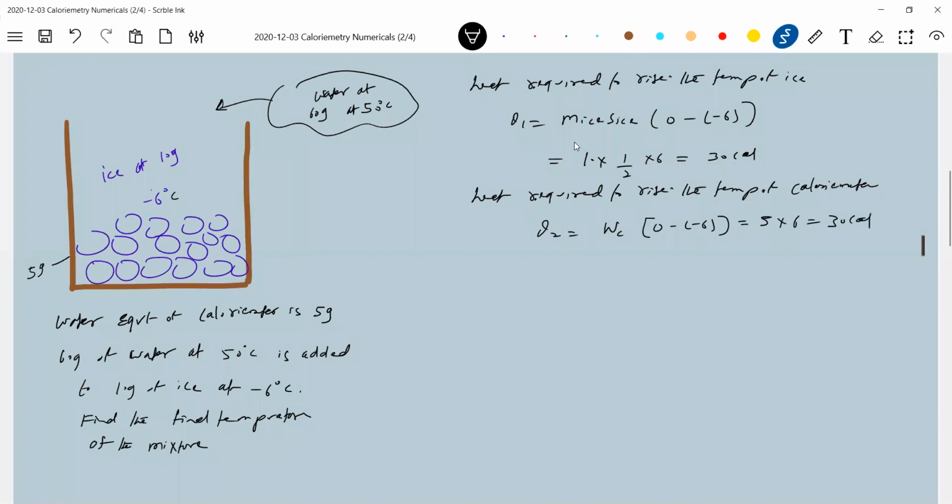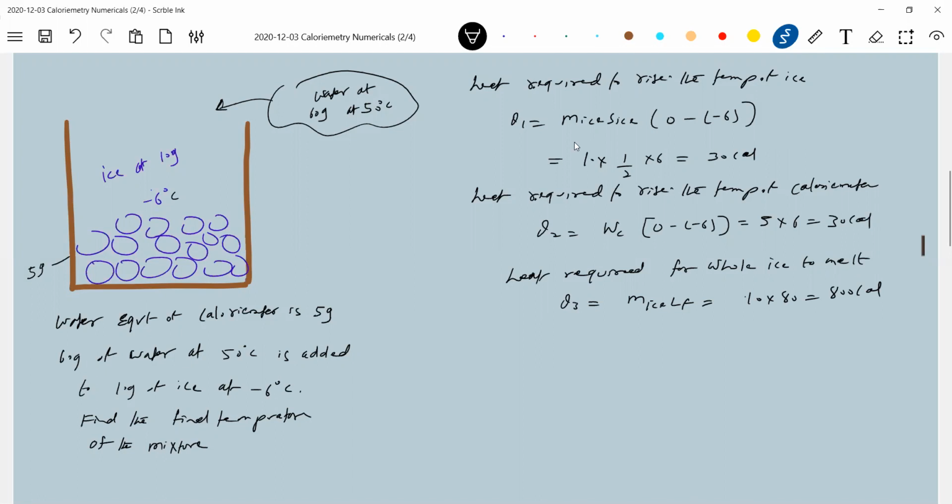Heat required for all the ice to melt, Q3 should be equal to mass of ice into latent heat of fusion. Mass of ice 10, this is 80, 800 calories.